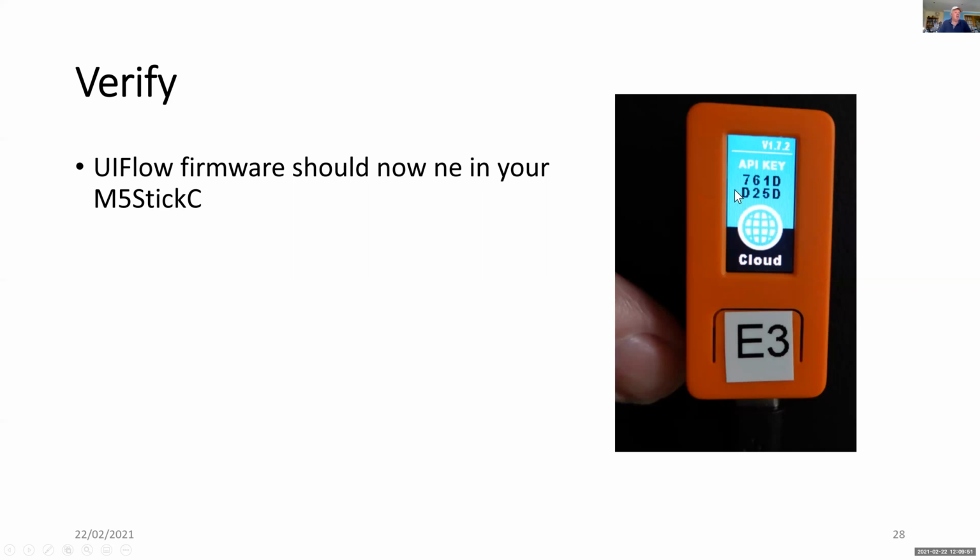Might not look exactly like that, and the various windows and modes are selected by button B on your M5StickC. So verify that you've got something like this on your M5StickC.